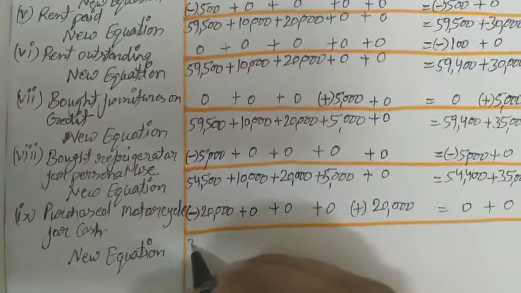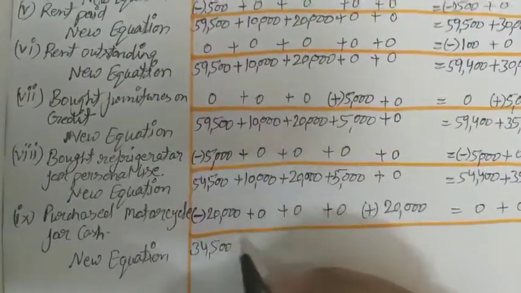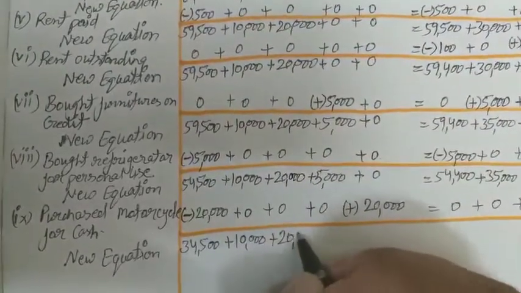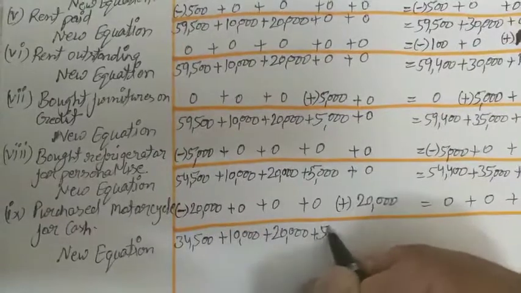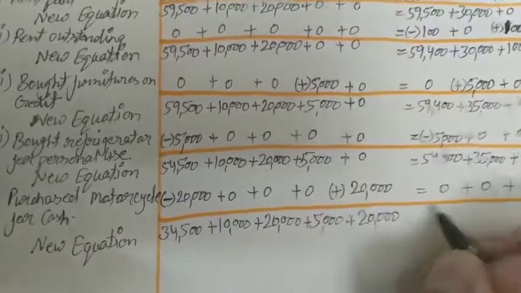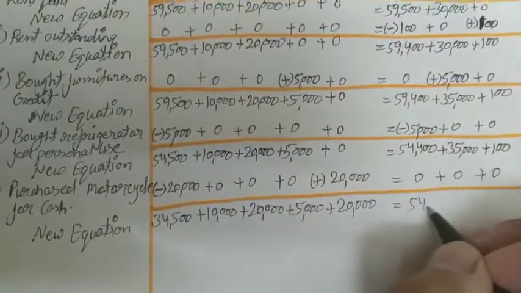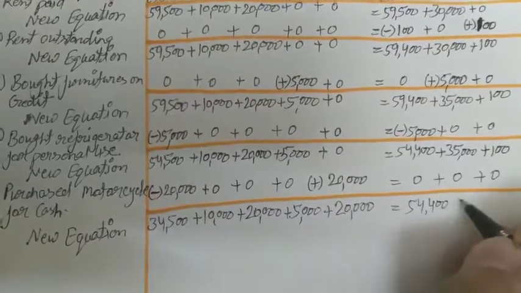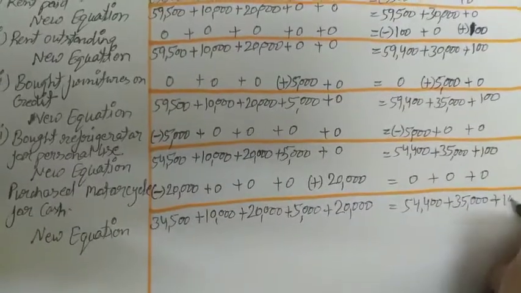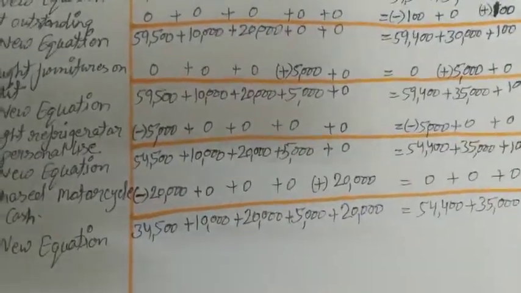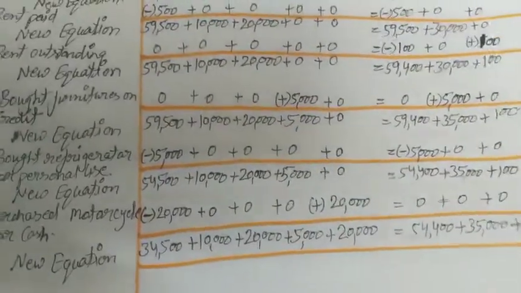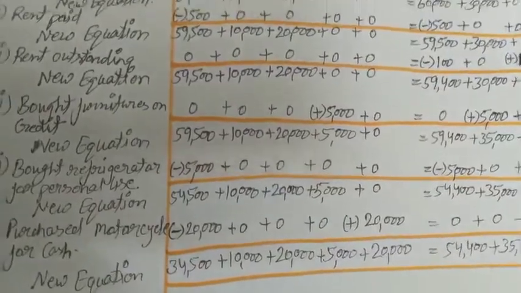20,000 subtract, so it will be equal to 34,500 plus 10,000 plus 20,000 plus 5,000 furniture plus 20,000 motorcycle is equal to 54,400 capital, 35,000 creditor, and plus 100 rupees of outstanding expenses. Now these are our balances after all the transactions.